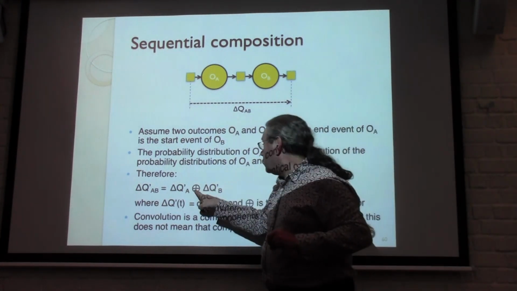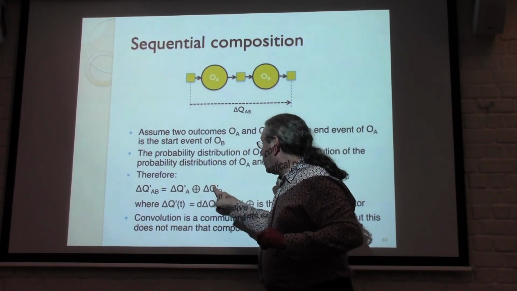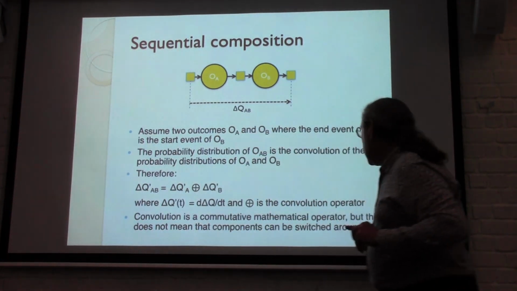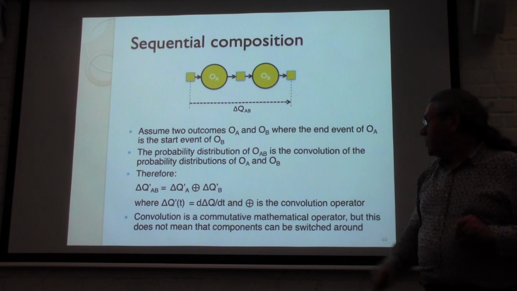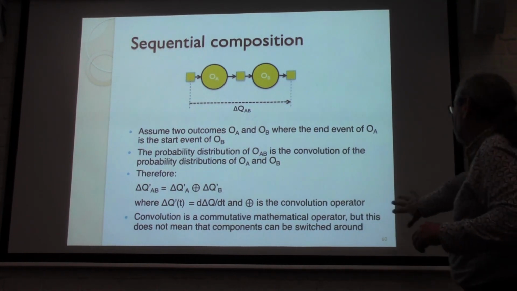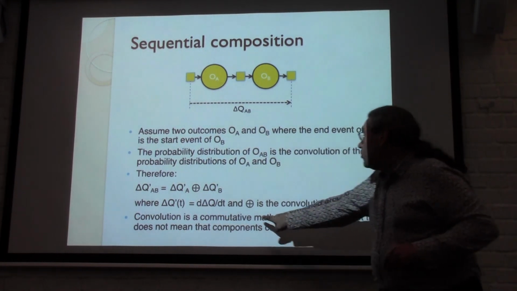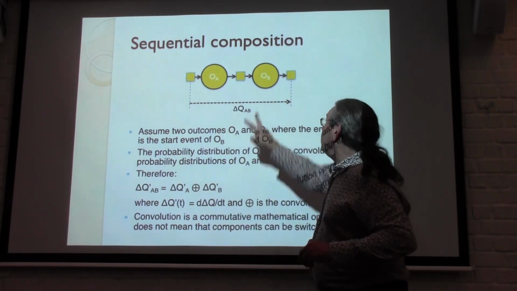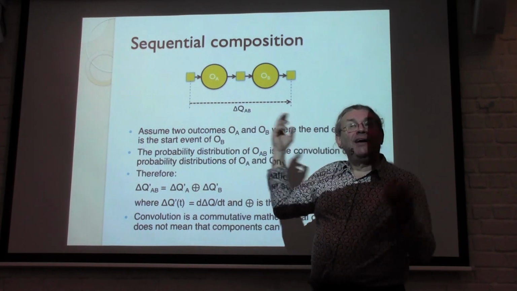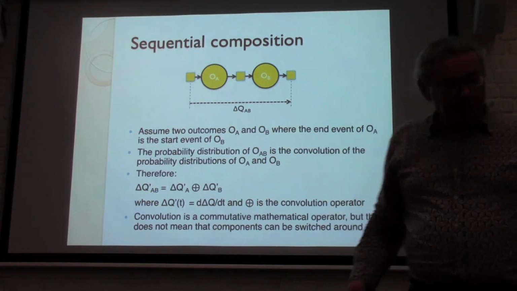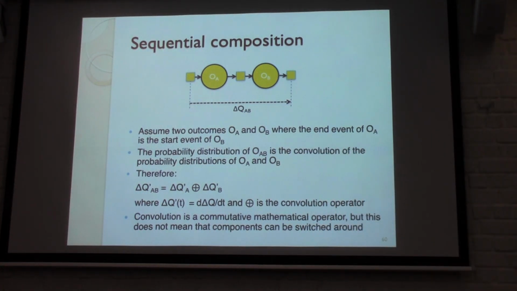This plus, which is the convolution, does the convolution of these two derivatives, giving you this one. Convolution is a mathematical operator which has some properties. Of course, convolution is commutative, but that doesn't mean you can switch the components around. You can't put the database in front of the front end, even though mathematically it's commutative.